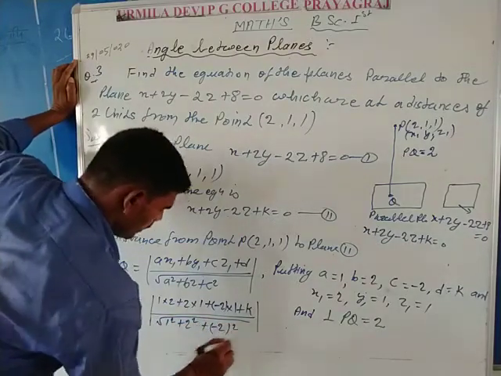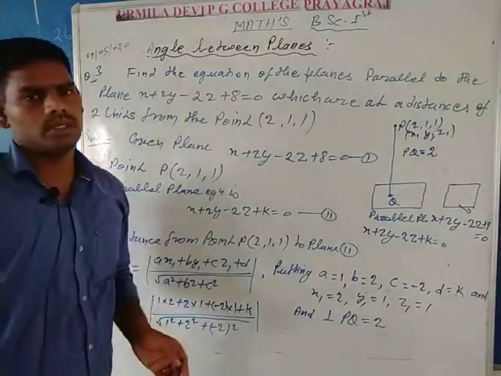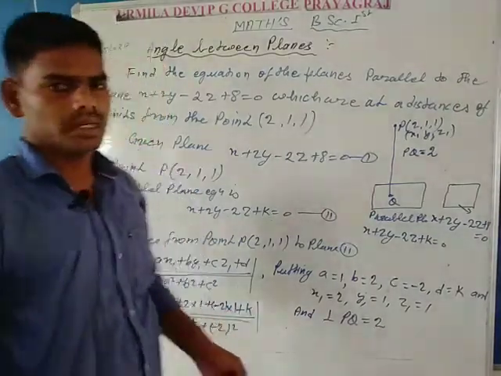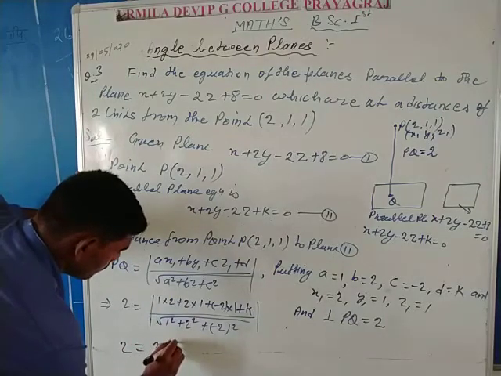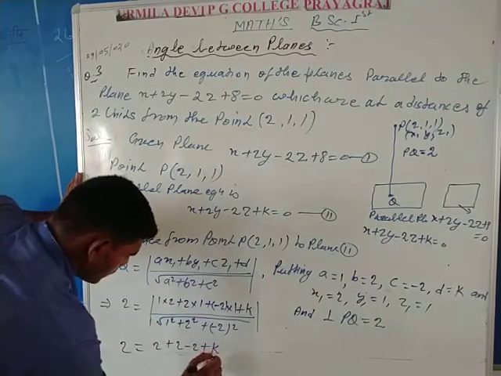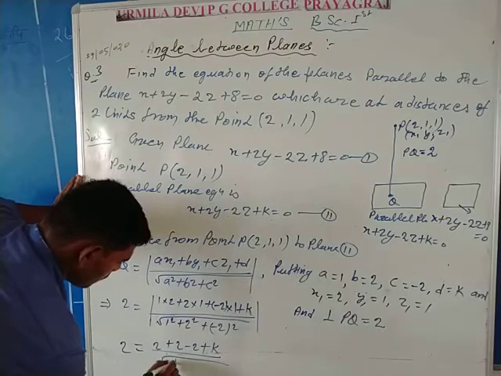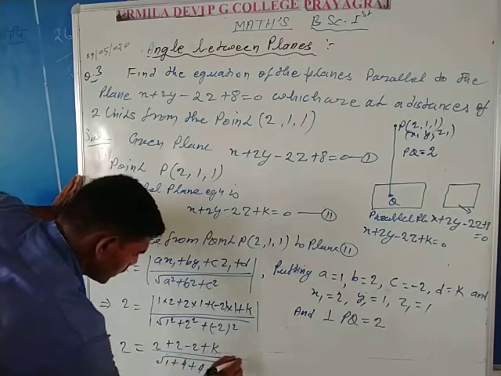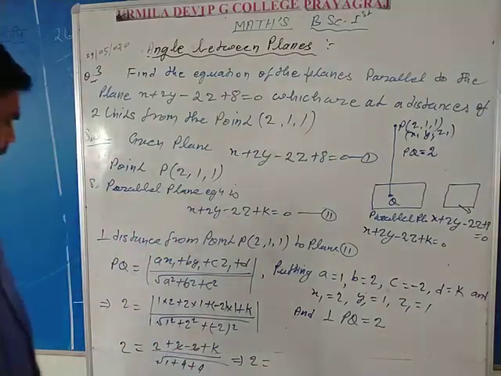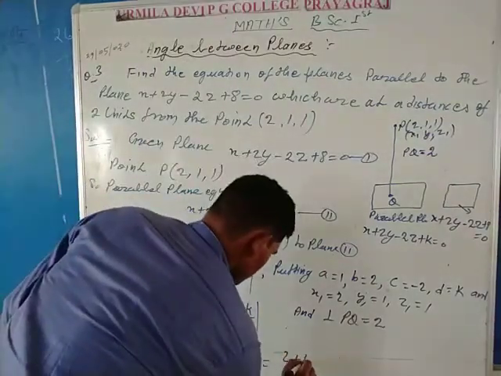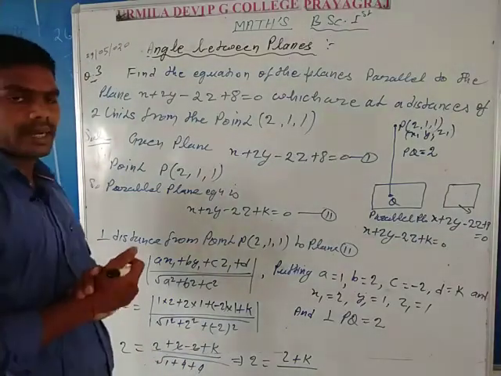Since this is already a perpendicular length, you can remove the modulus sign. So 2 is equal to 2 plus 2 minus 2 plus k, divided by the square root of 1 plus 4 plus 4. The 2 and minus 2 cancel each other. Here 2 is equal to 2 plus k, divided by 1 plus 4 plus 4 which is 9. The square root of 9 is equal to 3.